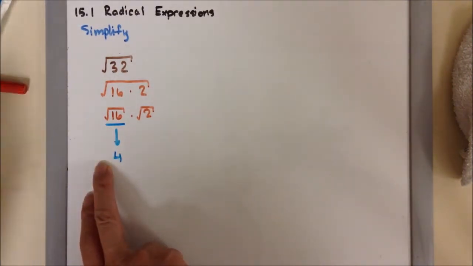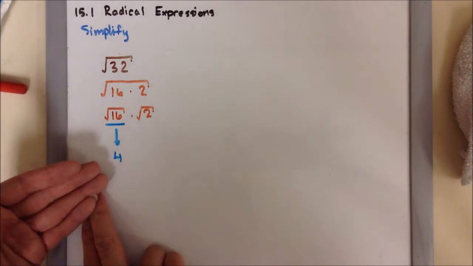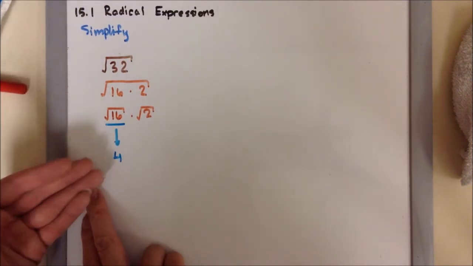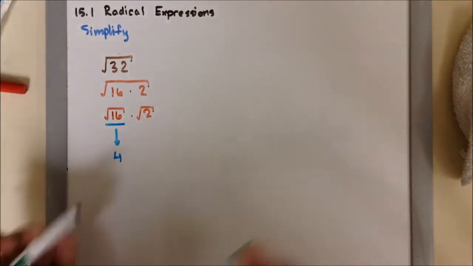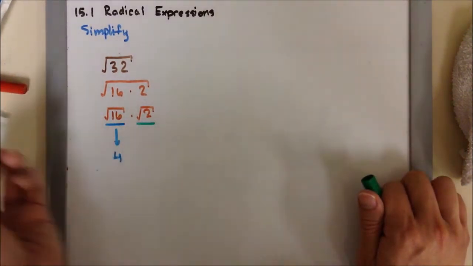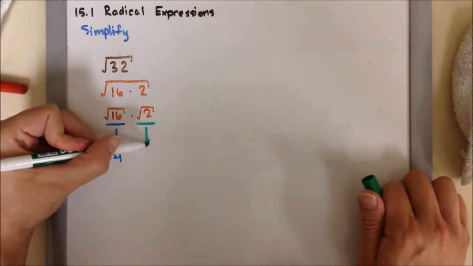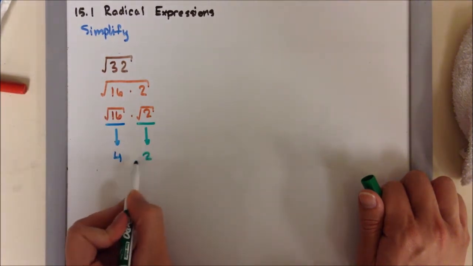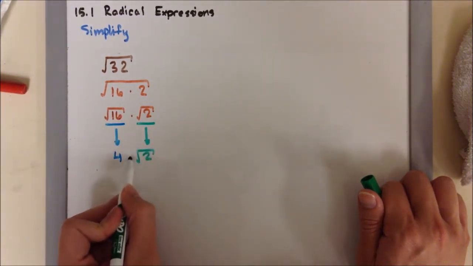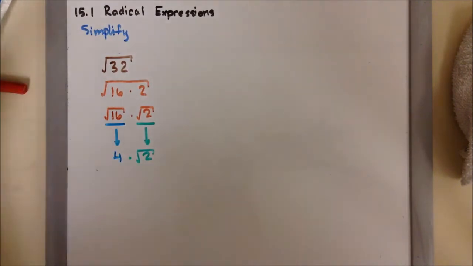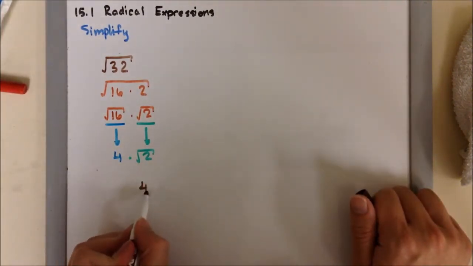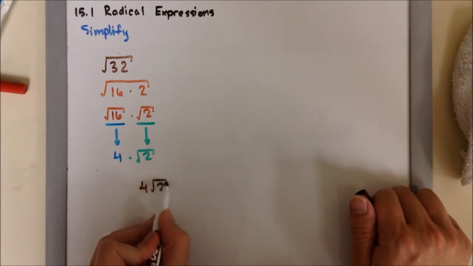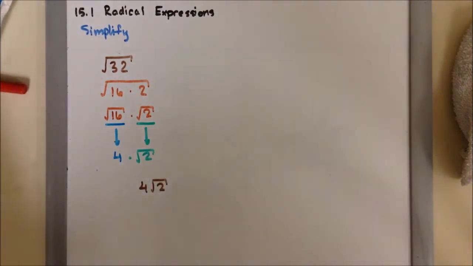We're not solving, we're just simplifying, so we're going to assume that it's the principal root, a positive 4. Now, the square root of 2, there is no perfect square number for 2, so it's going to stay as square root of 2. And just a reminder, it's multiplying, so 4 times square root of 2 would be simply 4 square root of 2. And that will be my final answer.